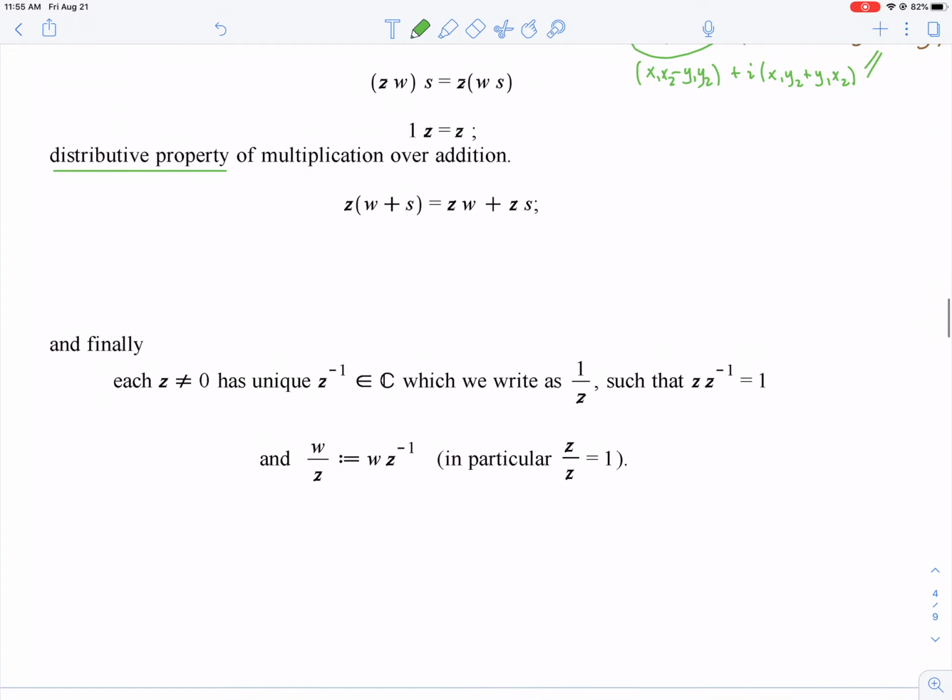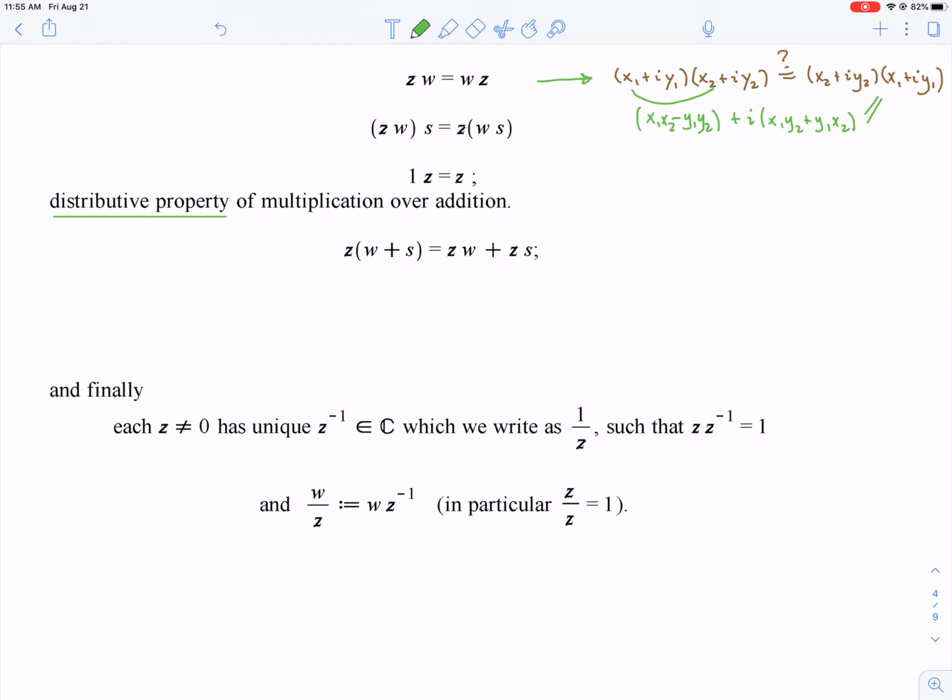And then finally, you have the axiom that makes this a field instead of a commutative algebra, which is that every non-zero complex number has a multiplicative inverse, z inverse, so that z times z inverse is 1, and because our multiplication is commutative, we write the inverse as 1 over z.